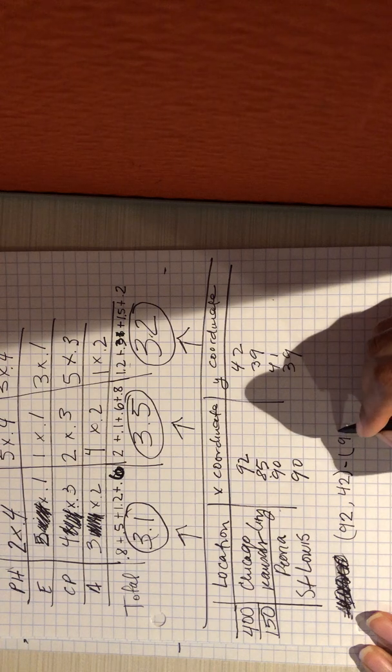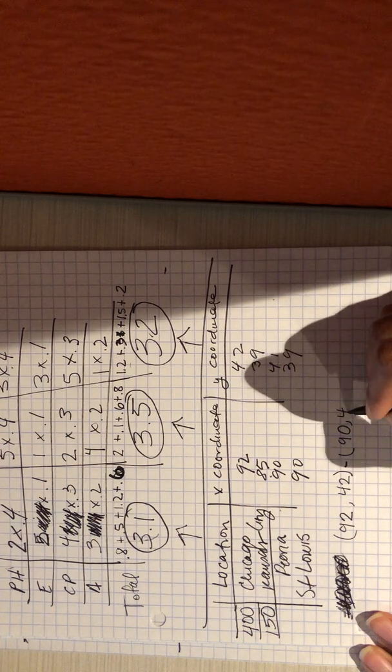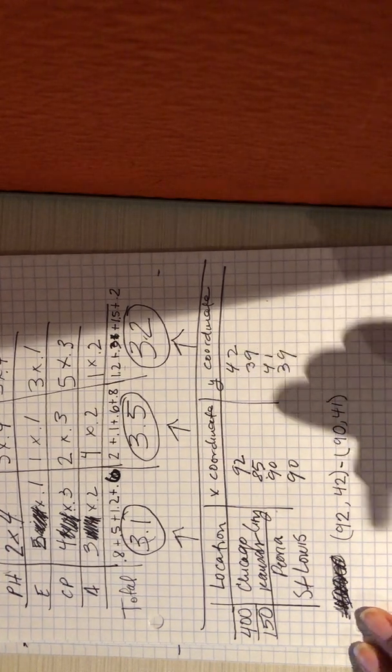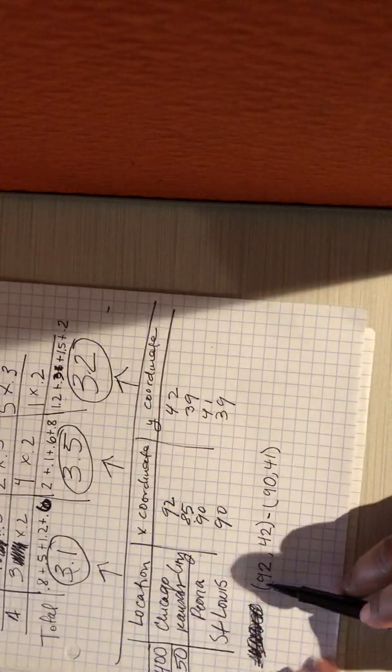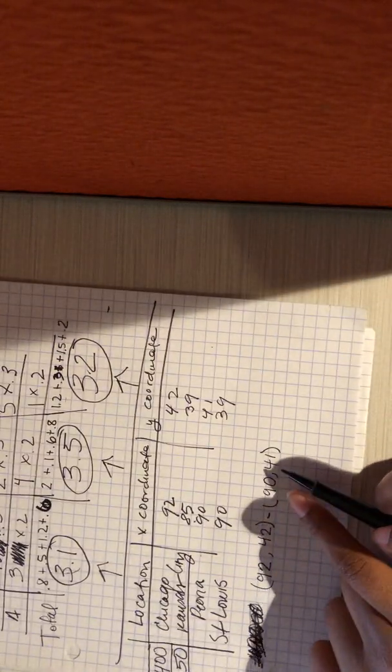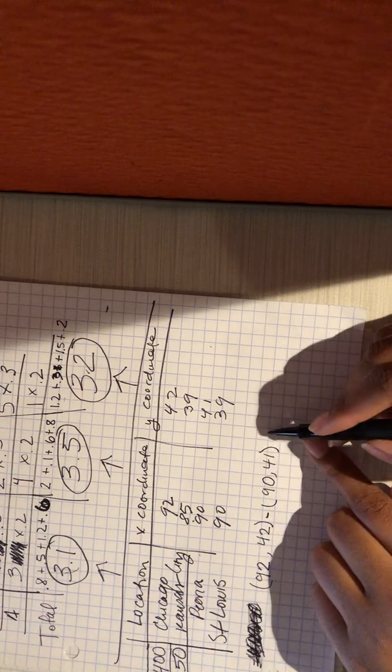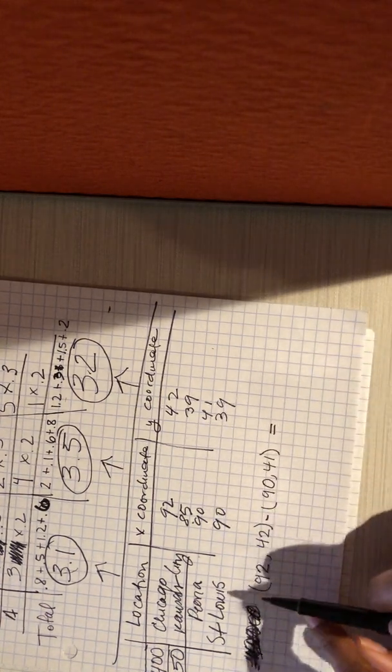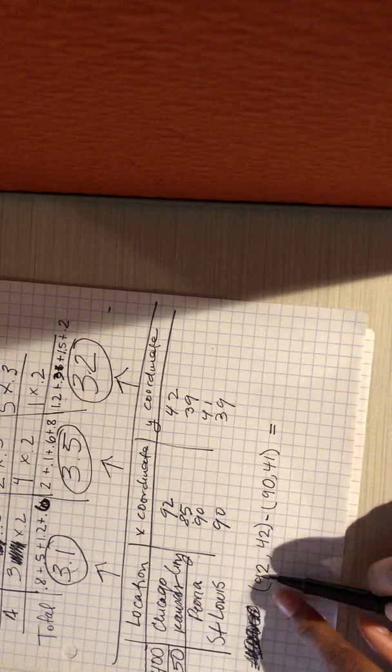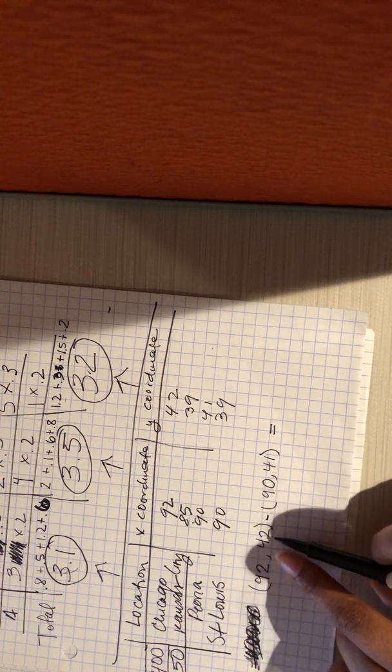So the way we're going to do this is, these are the coordinates for Chicago, these are the coordinates for Peoria, and then we're just going to subtract x2 from x1 and y2 from y1.